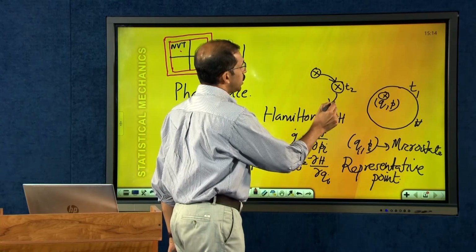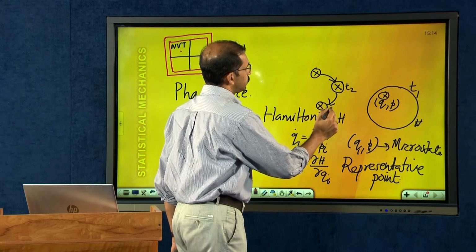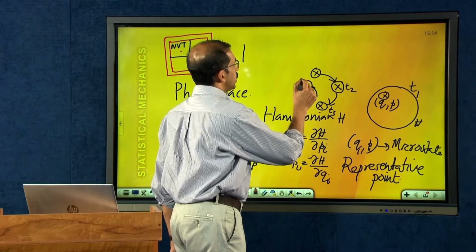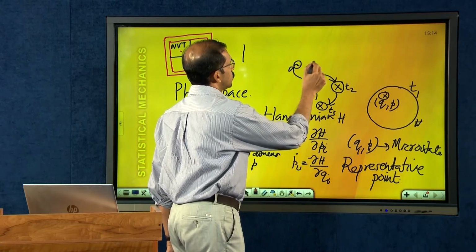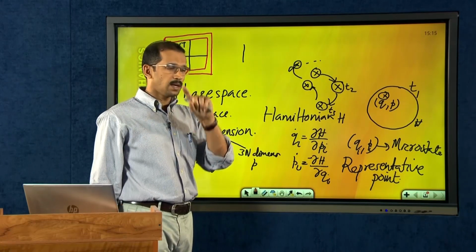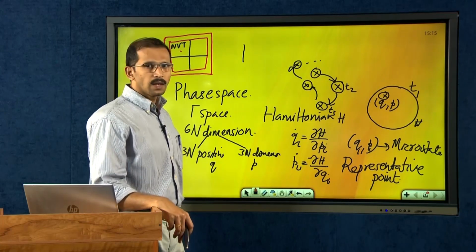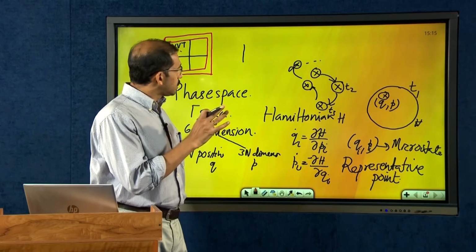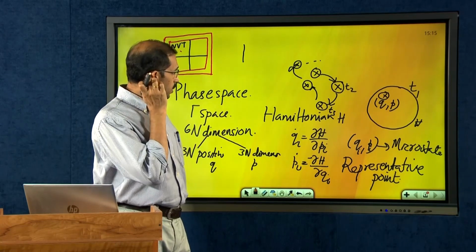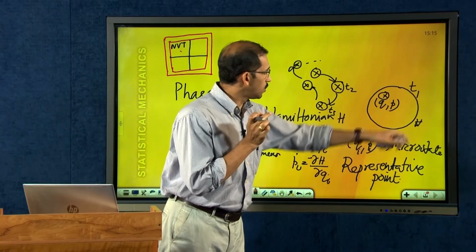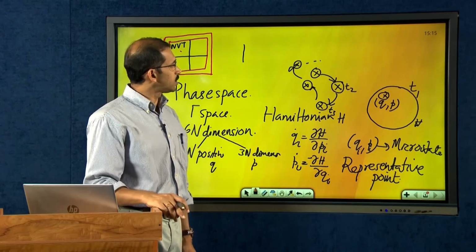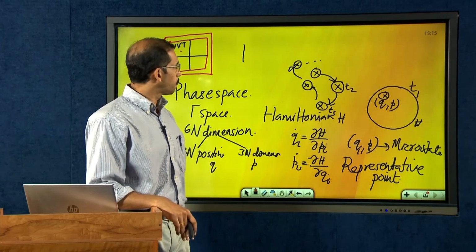And as the time changes, this can go on varying like this, and so on and so forth. So, this is the kind of change which we need to appreciate. The only thing which limits the movement is the boundary, which is the Hamiltonian of the system, which in the later development we call the energy.